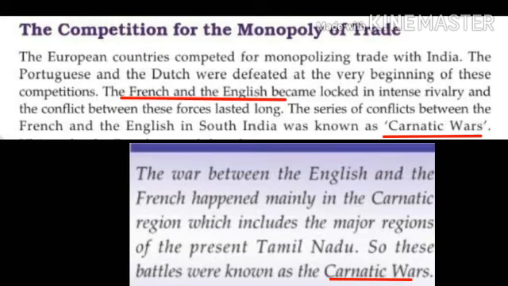Portuguese and Dutch were defeated at the beginning, and English and French were in intense conflict, and this series of conflicts between the French and English in South India was known as Carnatic War, and in the third Carnatic War, the French were defeated by the English. The war happened mainly in the Carnatic region, which includes the major regions of present Tamil Nadu. So these battles were known as Carnatic Wars.